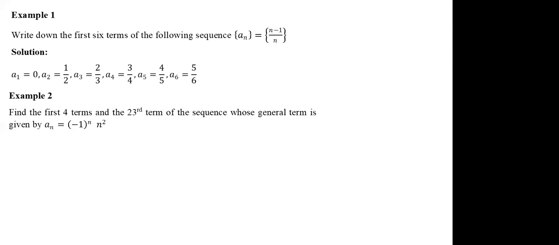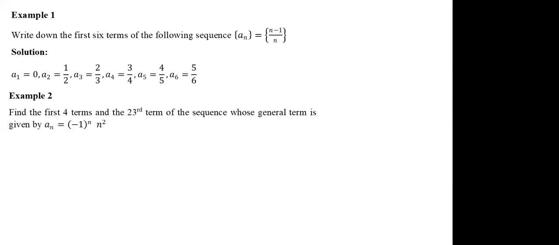Thank you. Minus 529, because minus 1 raised to power 23 will give me minus 1, because 23 is an odd number. Then 23 raised to power 2 will give me 529. 529 times minus 1 will give me minus 529. Do you now understand it?